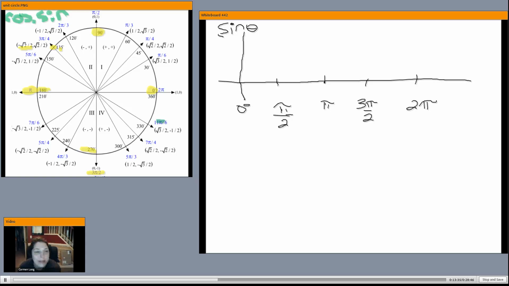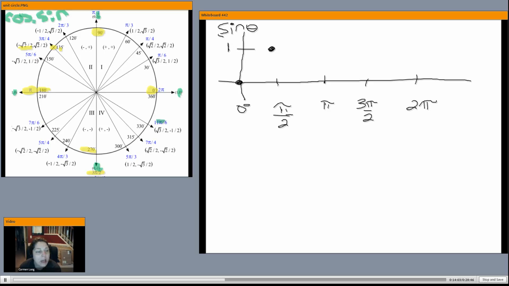So I am looking for the 0 here, the 1 here, the 0 here, and the -1 here. So what I'm basically doing is graphing those ordered pairs. At 0 degrees, sine is 0. So I have an ordered pair. At 90 degrees, sine is 1. So I have my 1 here, and there's an ordered pair.